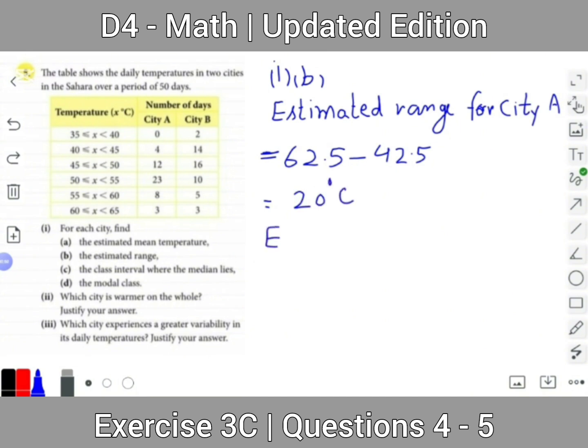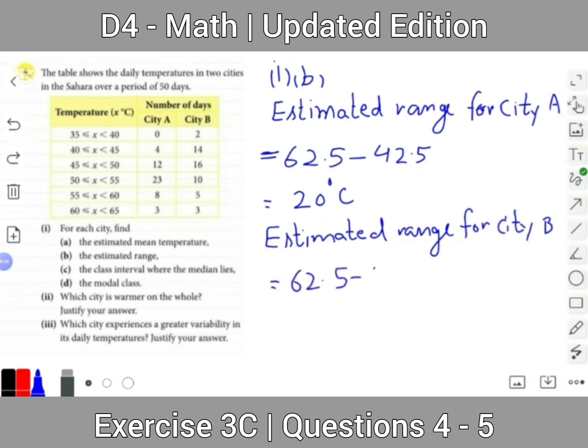Now the estimated range for city B can be found out by subtracting 37.5 from 62.5, and that will give us 25 degrees Celsius. So the estimated range for city B is equal to 25 degrees Celsius.